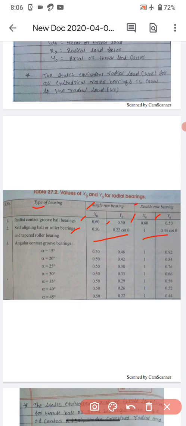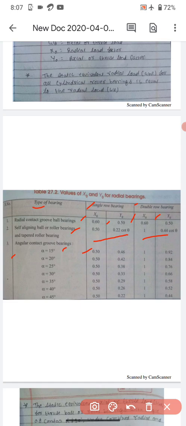The double row bearing is X naught is equal to 1 and Y naught is equal to 0.44 cot theta. Next, if it is an angular contact ball bearing and alpha is equal to 15 degree, and if it is a single row bearing, then X naught is equal to 0.50 and Y naught, that is axial or thrust load factor, will be 0.46.